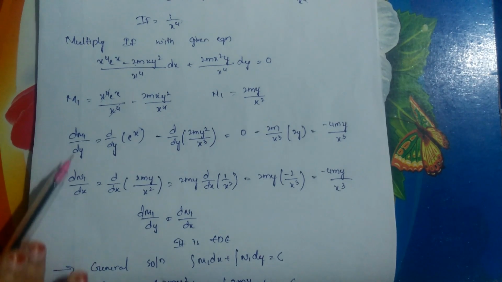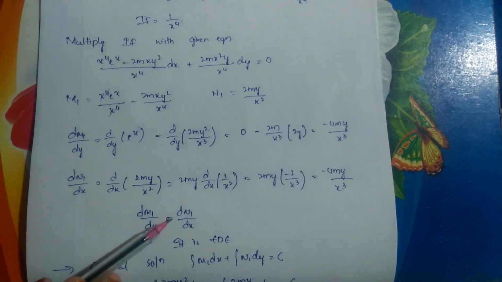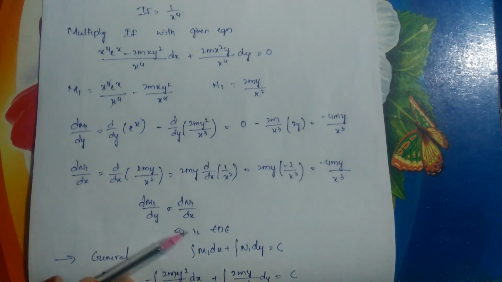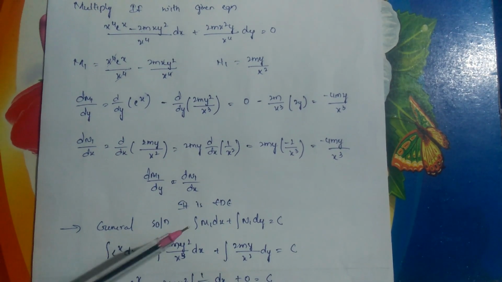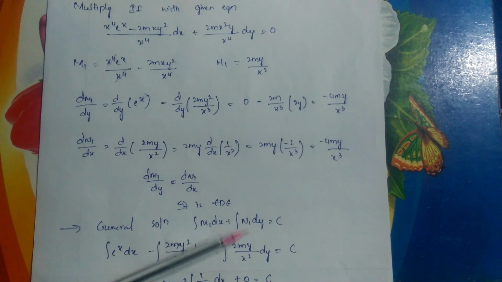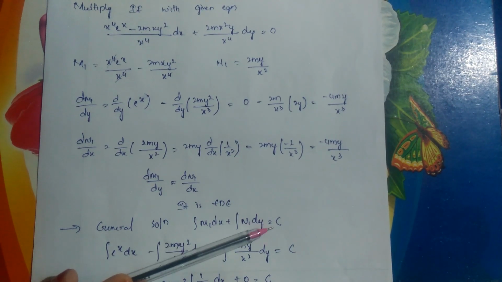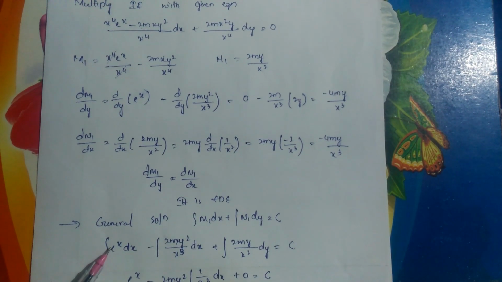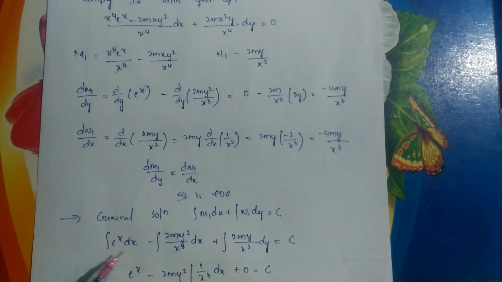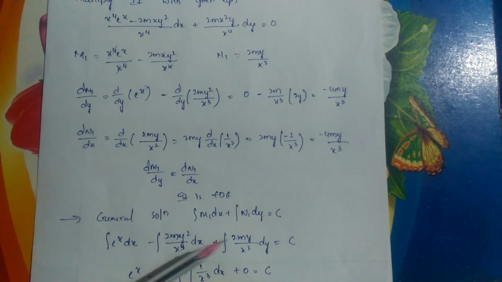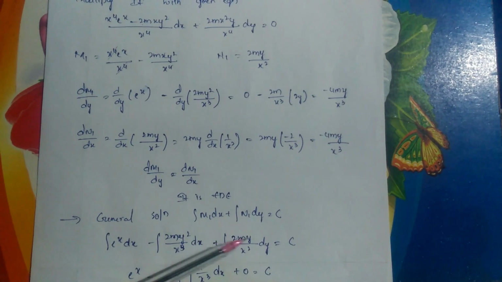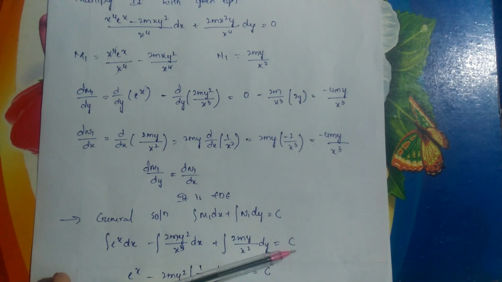So here ∂M1/∂y is equal to ∂N1/∂x, so we can say that it is exact. Now we have to find the general solution. So integration of M1 dx plus integration of N1 dy is equal to c. Integration of M1, that is e power x dx, minus 2my square by x cube dx, plus N1 terms, 2my by x square dy, equals c.